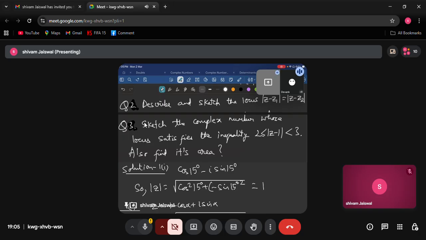Describe and sketch the locus. Acha, what does mod of z minus z1 represent? Tell me, everyone. Okay. Yes, Octolith, number 3 is correct. Memel, 3 is correct.